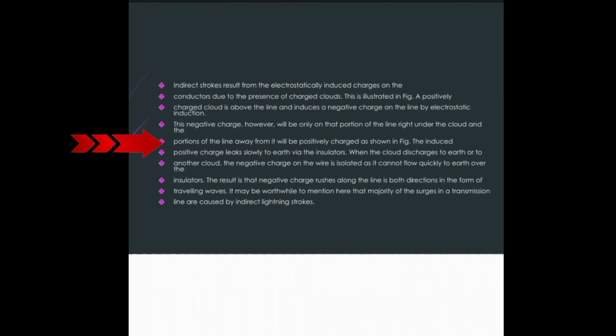The induced positive charge leaks slowly to earth via the insulation when the cloud discharges to earth or to another cloud. The negative charge on the wire is isolated as it cannot flow quickly to earth over line insulators.